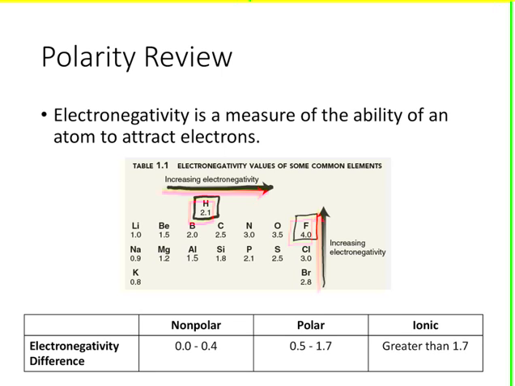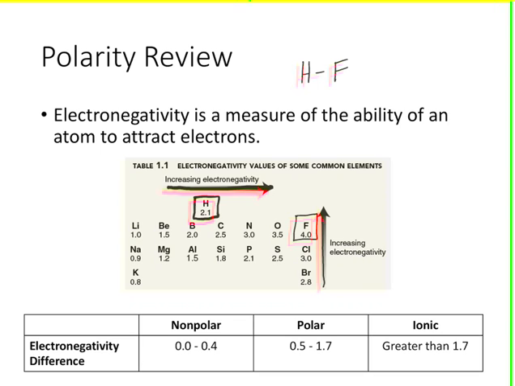Now, you might also remember that if we're looking at a particular bond, we can figure out if that bond is polar or nonpolar, or even ionic, by taking the difference in electronegativity values.